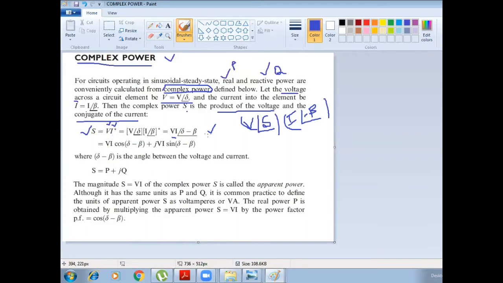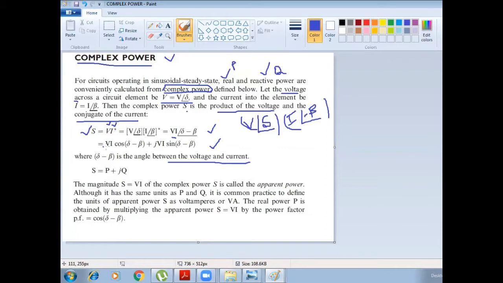Now you can convert this into rectangular form as S equal to VI cos(delta minus beta) plus j VI sin(delta minus beta). This is the complex power in rectangular form, where delta minus beta is the angle between the voltage and the current. Now you can write this in terms of real and reactive power as S equal to P plus jQ.